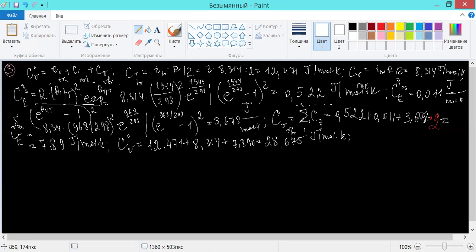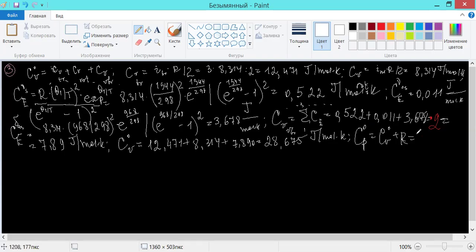But they want us to calculate not the isochoric heat capacity, but the isobaric one. In order to do this, we should recollect Meyer's equation. Here it is.